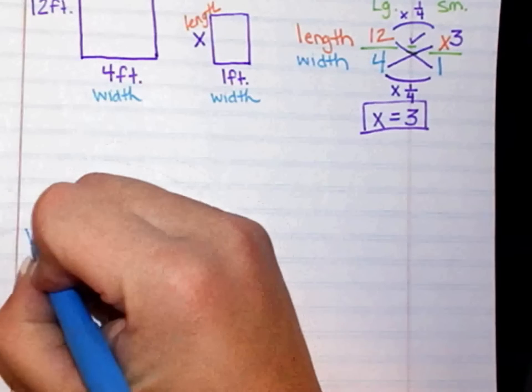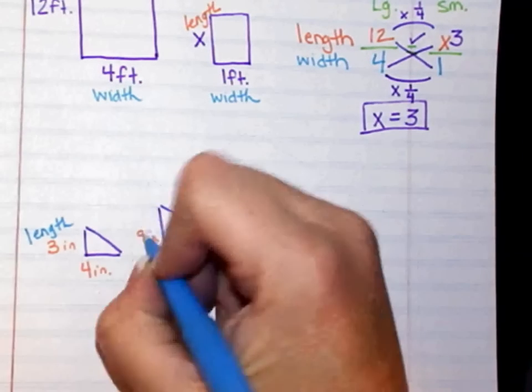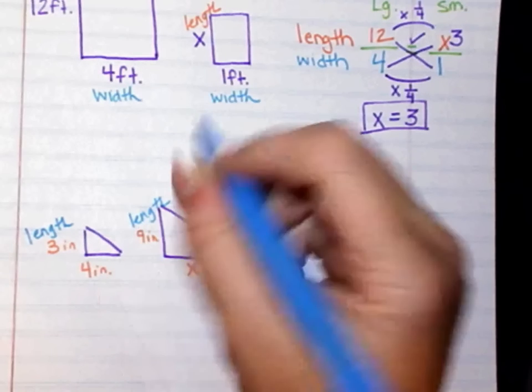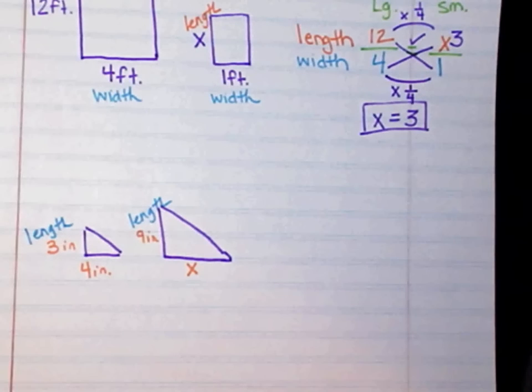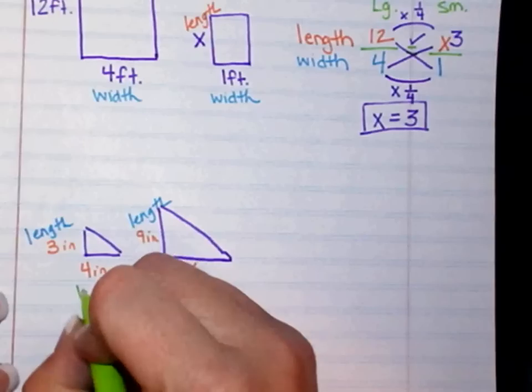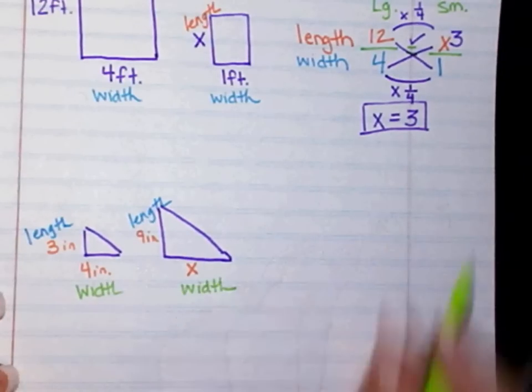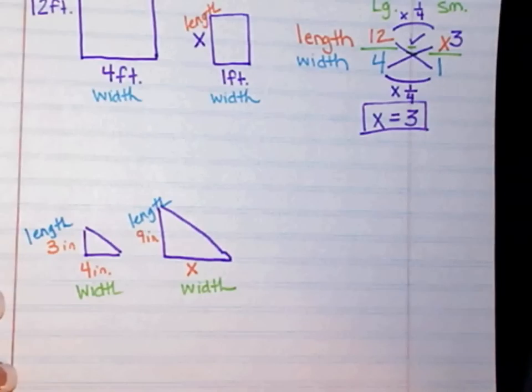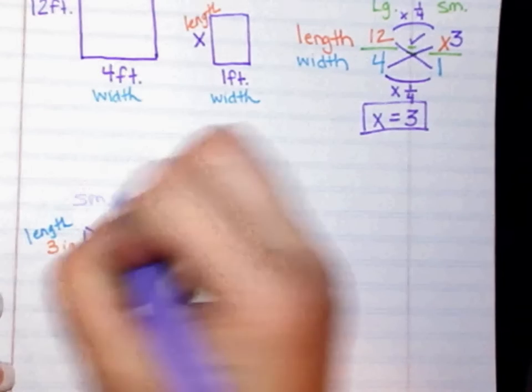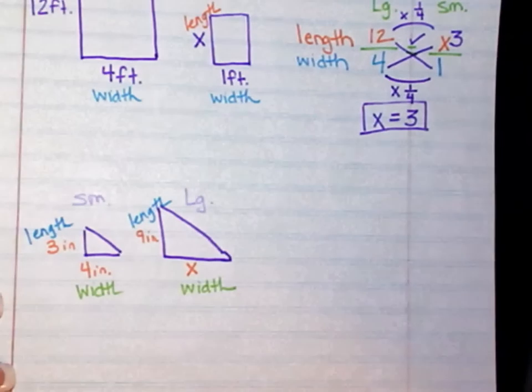I'm going to label my length on both, my width on both, recognize which one is small and large, so this time my numbers should go from small to big.